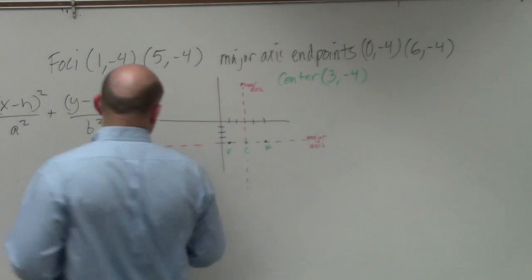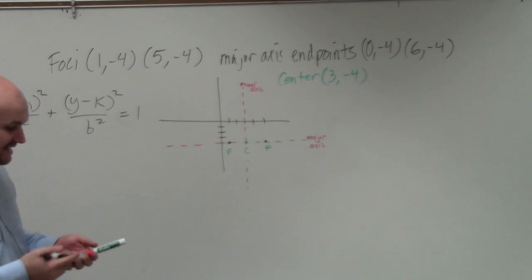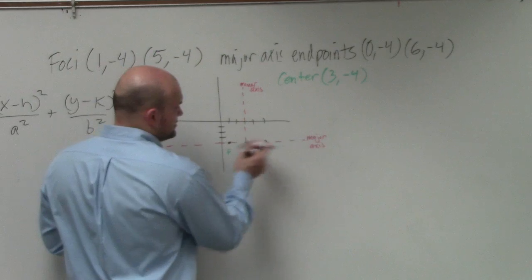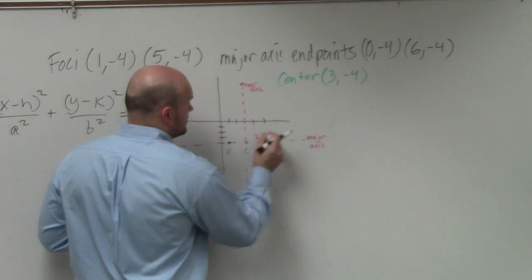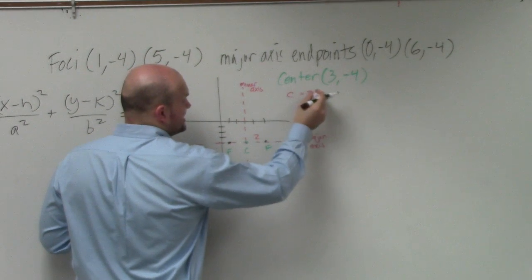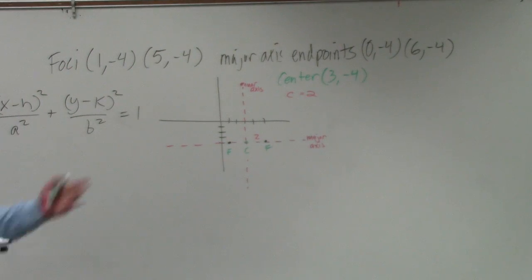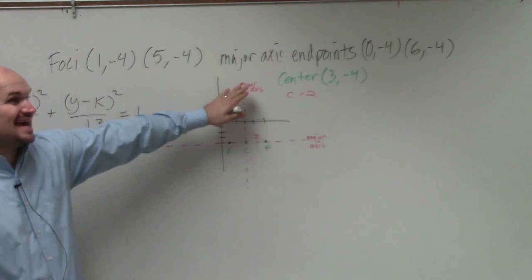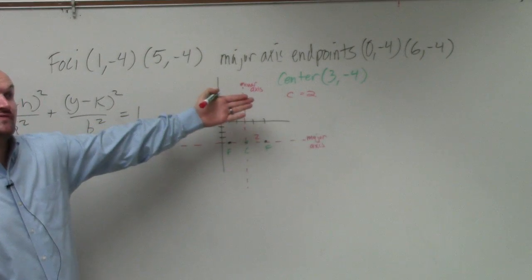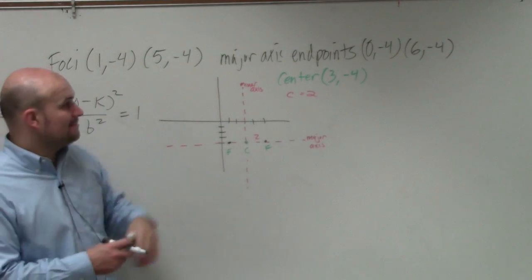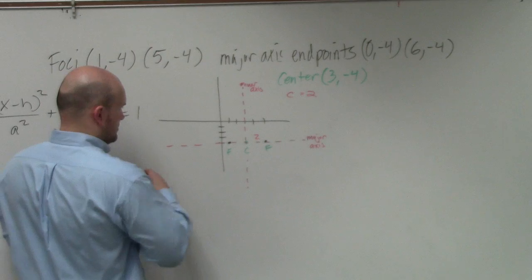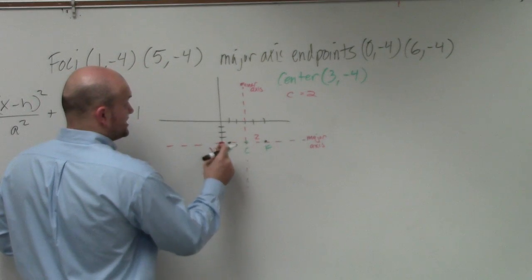So the main important thing is we have our value of c, which you can see from the center to the foci is 2. So we know the value of c is equal to 2. Now, the other thing they gave us is the major axis endpoints. That's going to be our value of a. Now, remember, these endpoints are going to be at (0, -4). So that's our vertex.